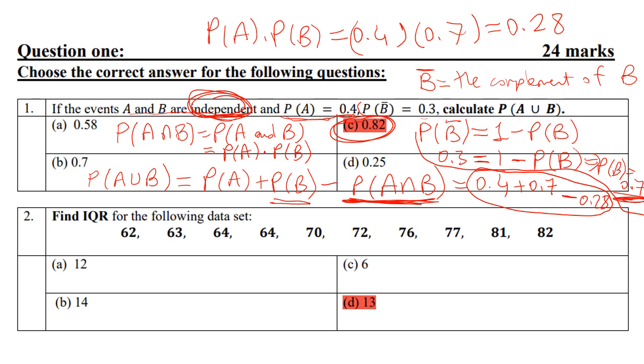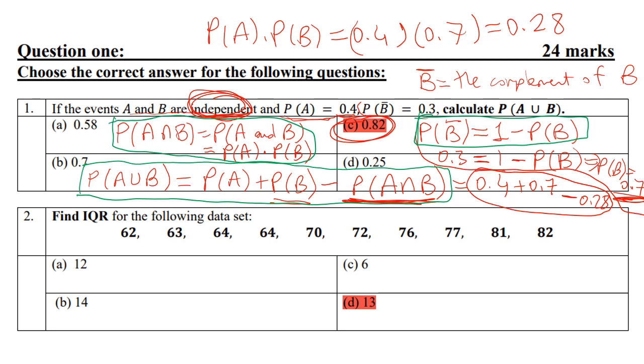Now I want to remind you the rules here. This rule, the main rule, then we have this rule about the complement, and we have this rule about the multiplication. So we use 3 rules, we combine 3 rules together, we get this one.